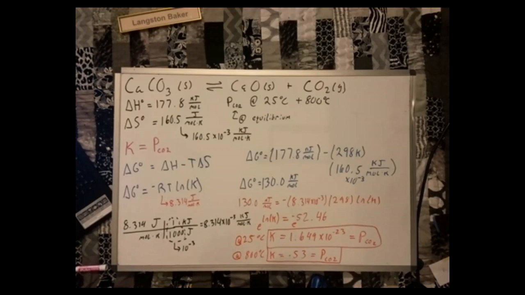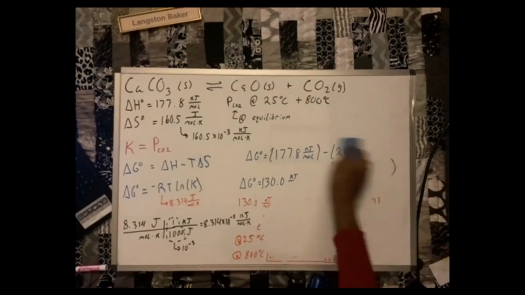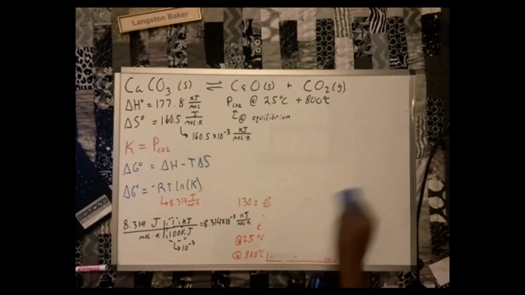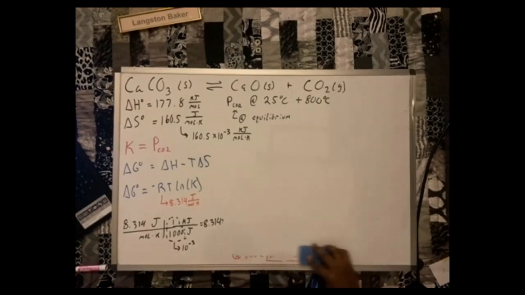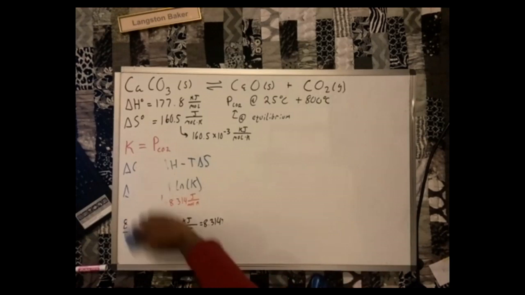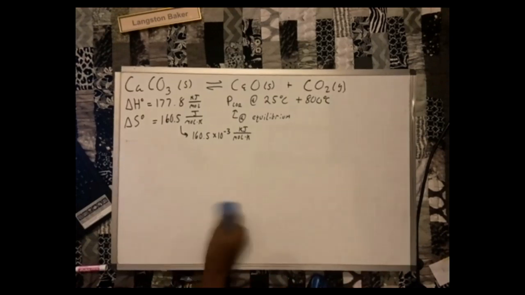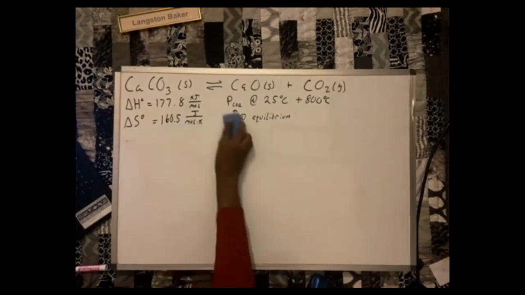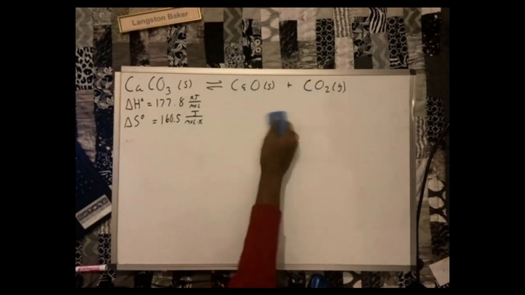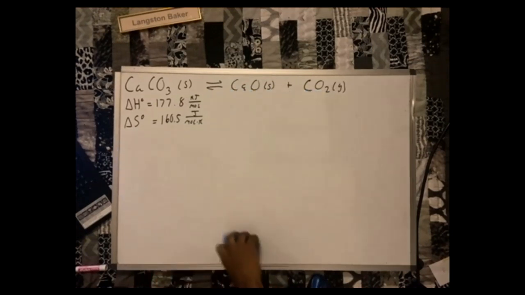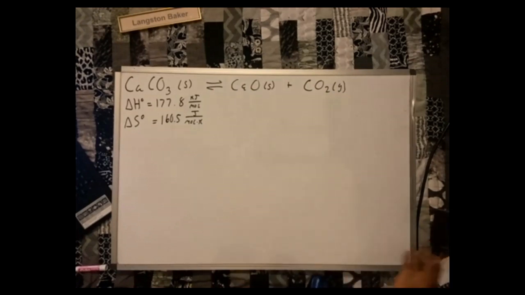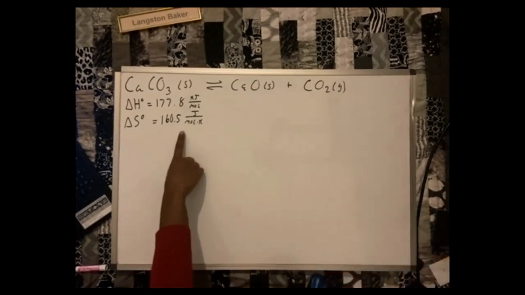Okay, so that was that. Another thing I would like to point out and remind you of is that, so here he asked you for K at a particular point. Another type of question he could ask is if he either gives you these or has you calculate them from your enthalpy of formation, right?